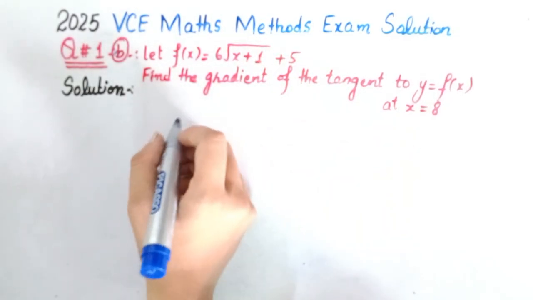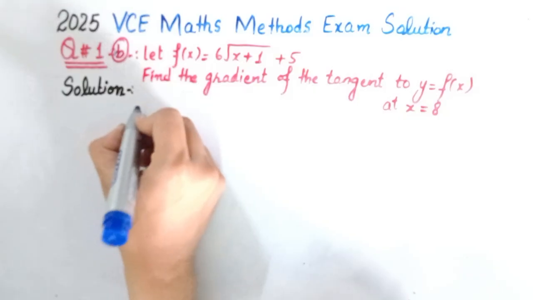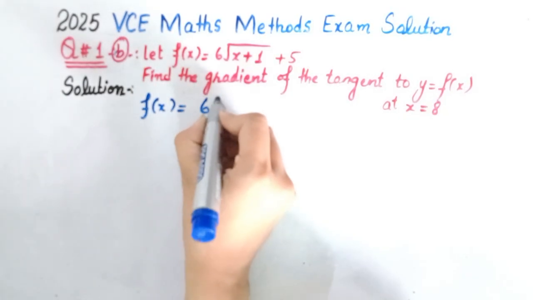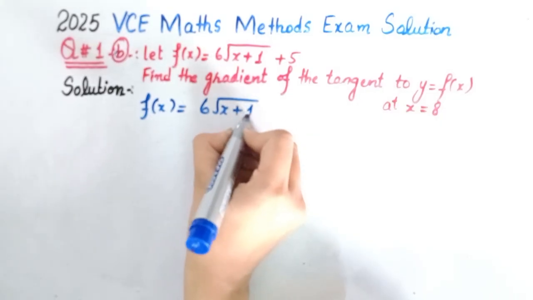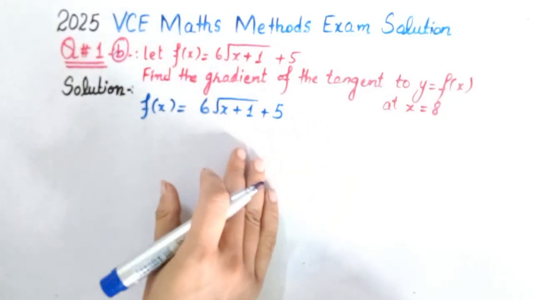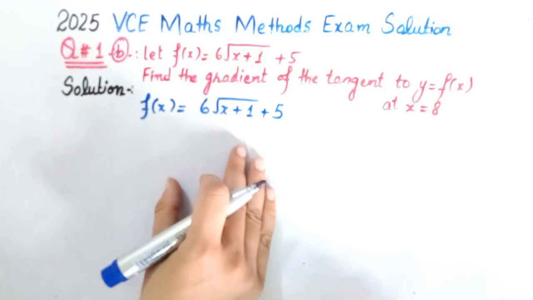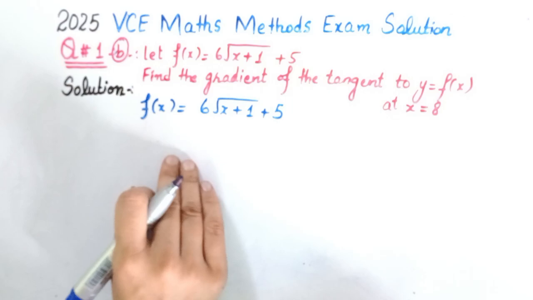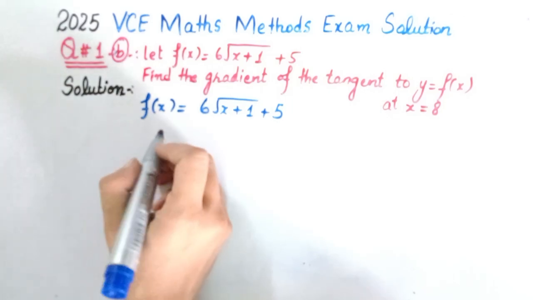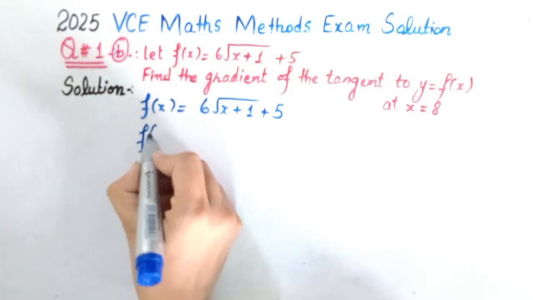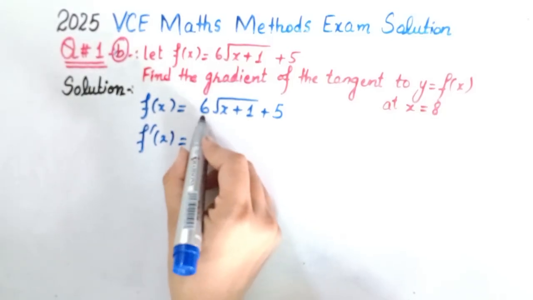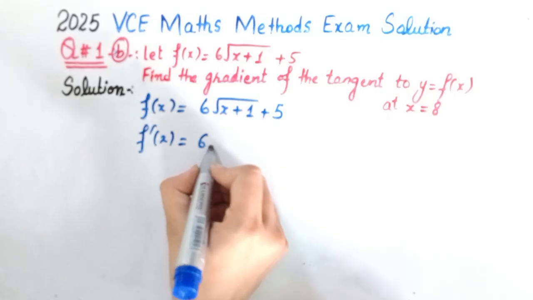So solve this as this is given: f of x equals 6 root of x plus 1, plus 5. So we will apply the chain rule with respect to x. According to that, this will become f dash of x equals 6, which is a constant and remains as it is.